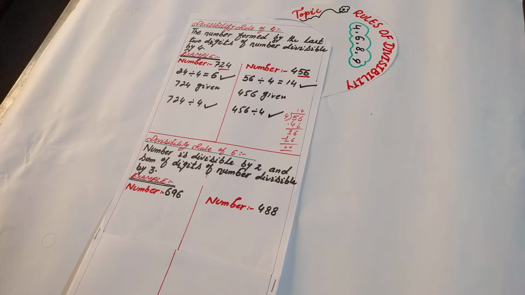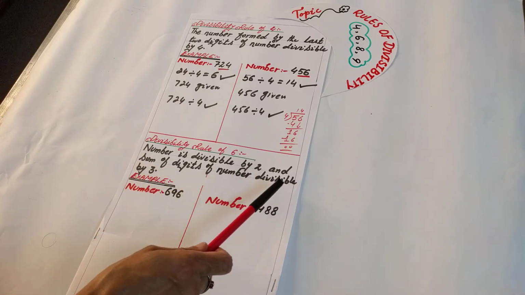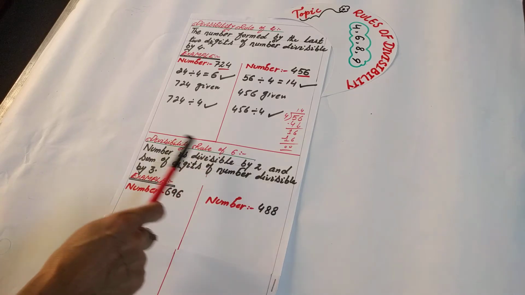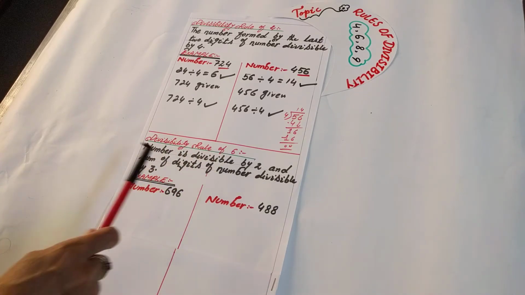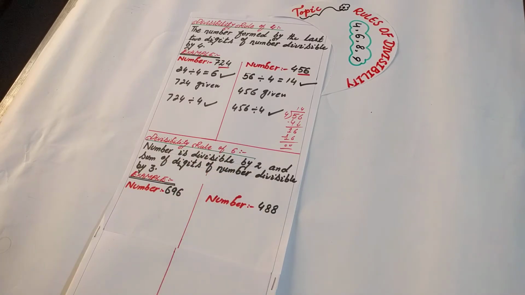Clear? Come to the next, the divisibility rule of 6. What is the rule? The number is divisible by 2 and the sum of the digits of the number is divisible by 3. In the divisibility rule of 6 there are two conditions. The first condition is that the number is divisible by 2.